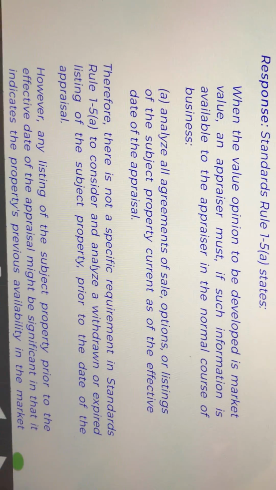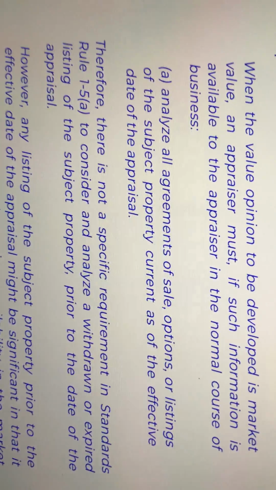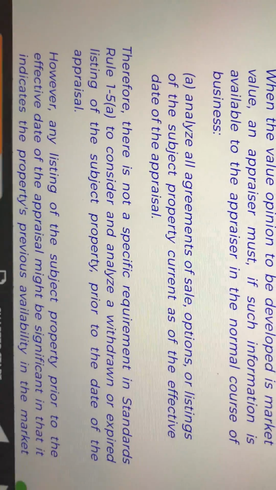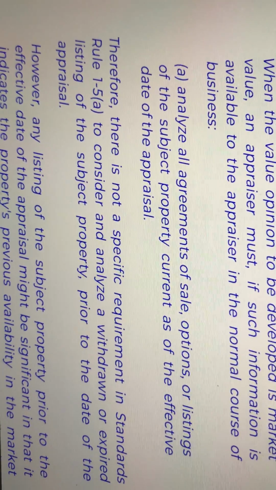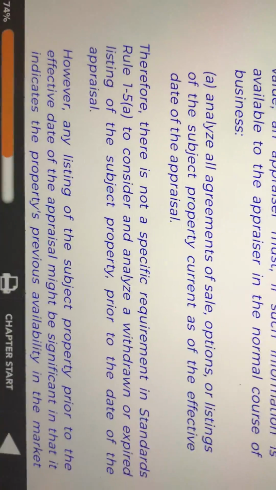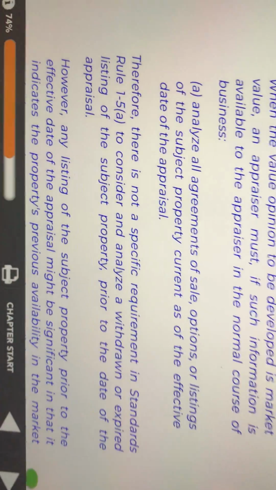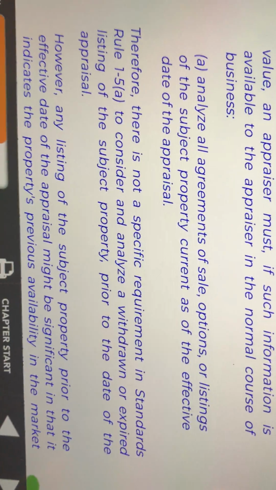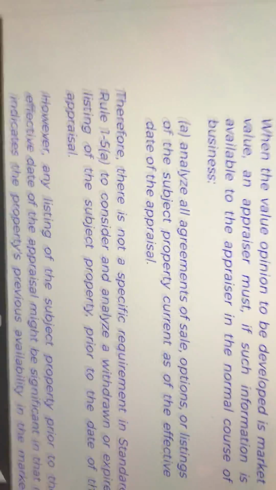Response: Standards Rule 1-5A states, when the value opinion to be developed is market value, an appraiser must, if such information is available to the appraiser in the normal course of business, A. Analyze all agreements for sale, options, or listings of the subject property current as of the effective date of the appraisal.